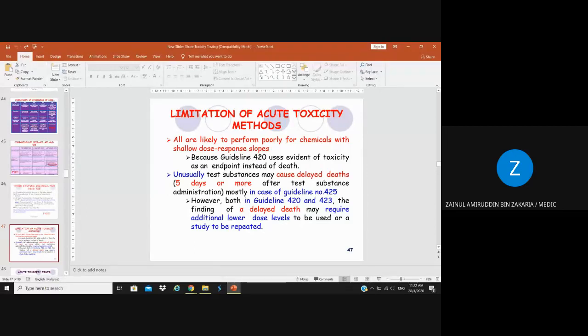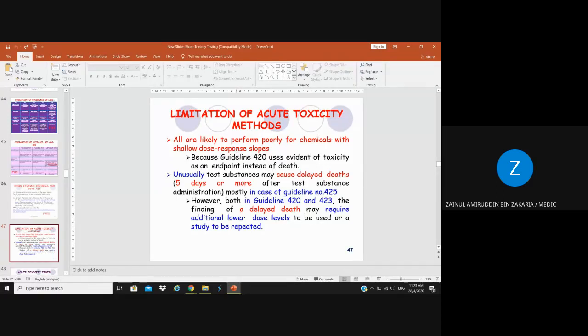So if you see guideline OECD 420, it uses evidence of toxicity as an endpoint. If the dose response curve is very shallow, it is difficult for you to observe. Let's say the dose that causes toxicity is between 10 to 20, but you test at 5, no toxicity, you jump to 50, and you also see no toxicity.